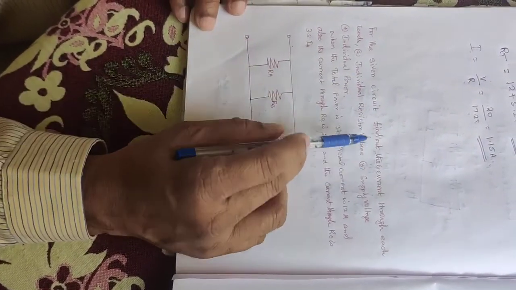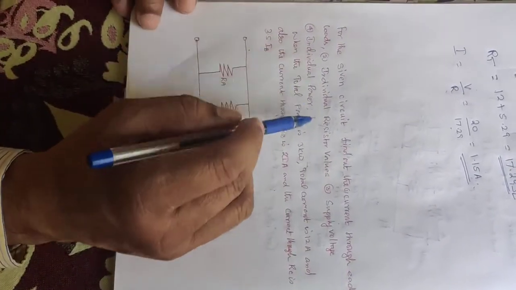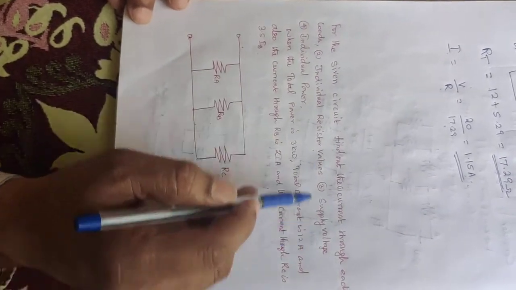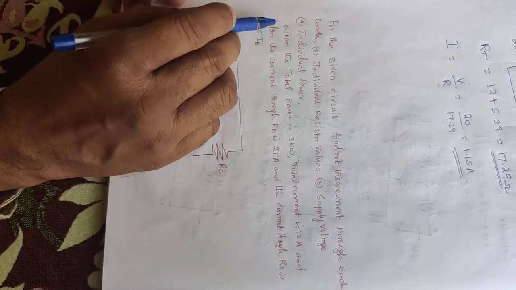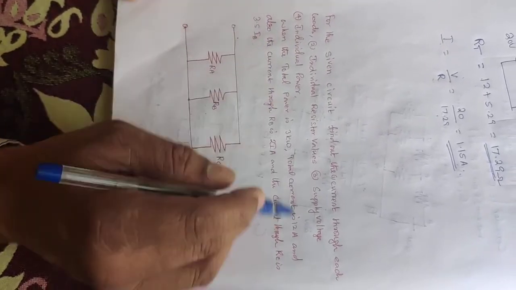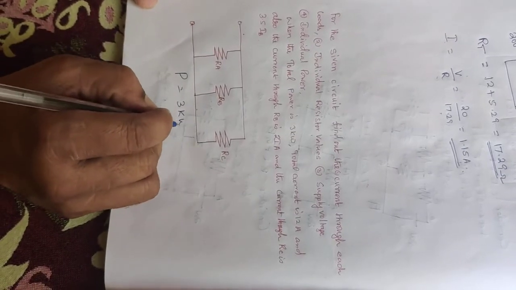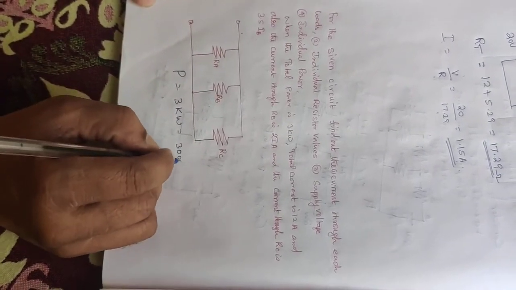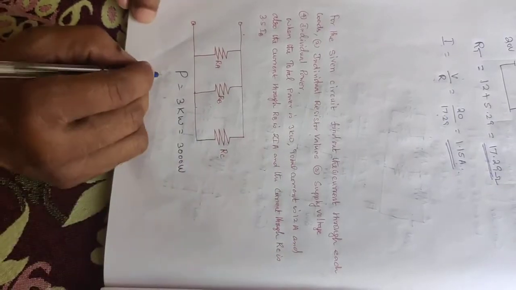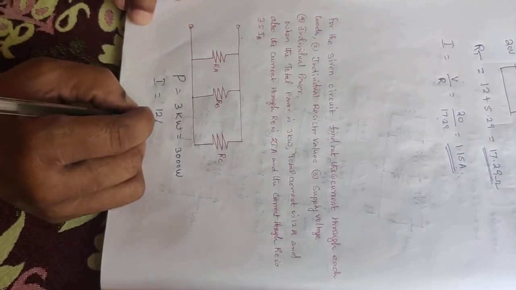For the given circuit, find the current through each node, individual resistor values, supply voltage and individual power. The given parameters are: total power is 3 kilowatts, so the power given is 3,000 watts, and the total current I is equal to 12 amperes.